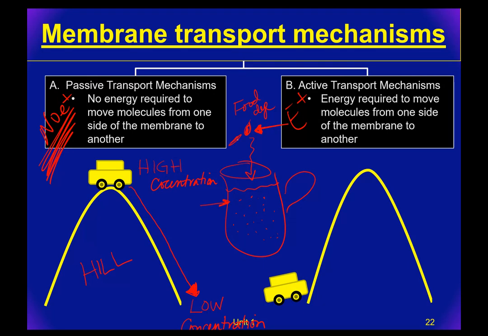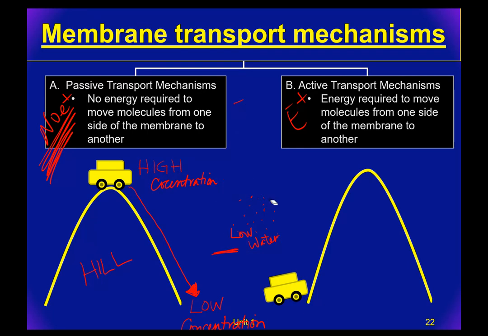So that high concentration of dye spreads into the low concentration of dye in the water because it's pure water, right? So there's no dye there to begin with. That would be like saying ground level versus the top of the hill. So with passive transport, you're going from a high concentration to a low concentration, and the movement does not require any energy. So that's passive.